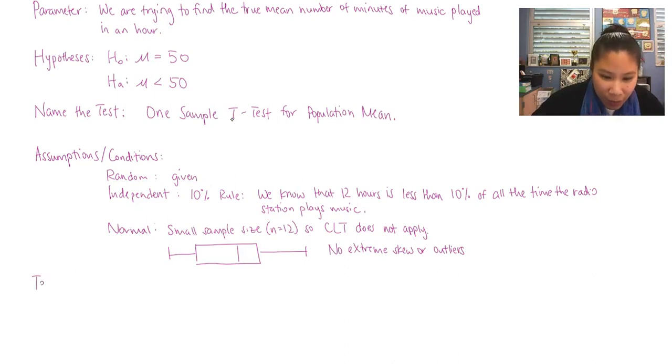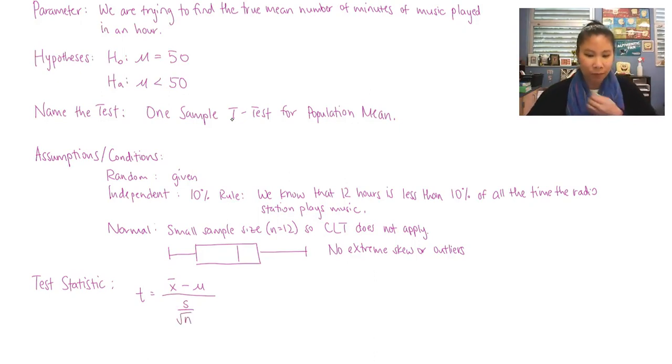So now we've named the test, we've checked for our assumptions and conditions. Now we can actually find our test statistic. So we said earlier that this was a t-test, so that means we are finding a t-score. The formula for this is the sample mean minus the mean of the population that we think it is, divided by the standard deviation of the sample over the square root of n. So kind of like the standard error part.